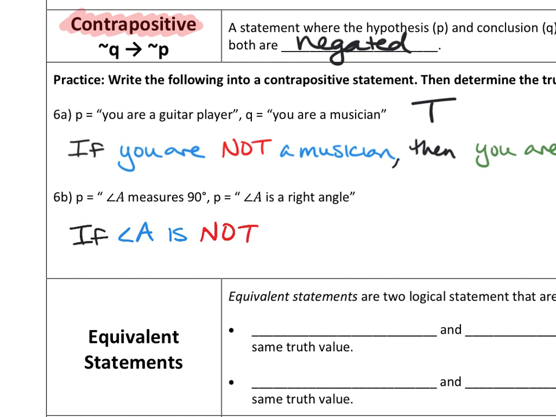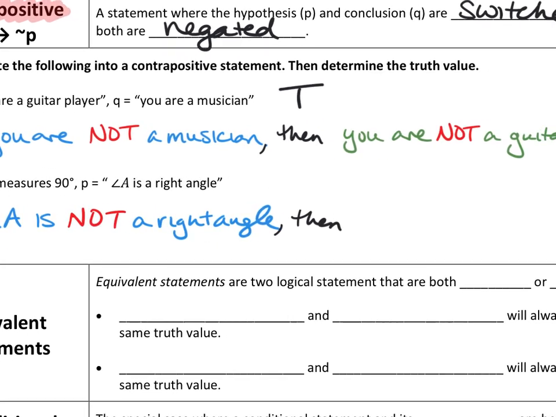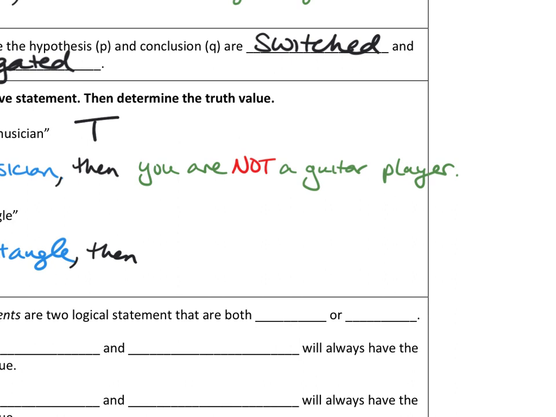It has little squiggles, so we know it needs to be the opposite. It needs to be the not. Is not a right angle. Then what's the conclusion? Then angle A does not measure 90 degrees.